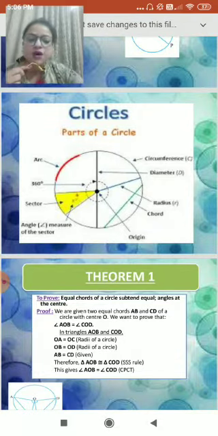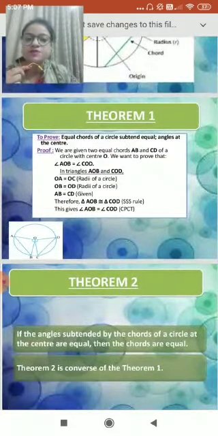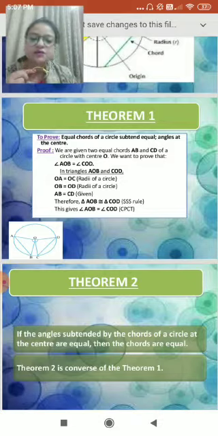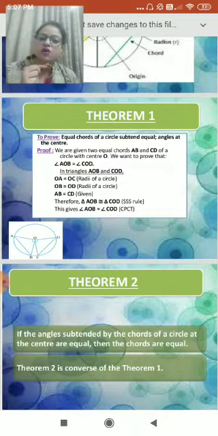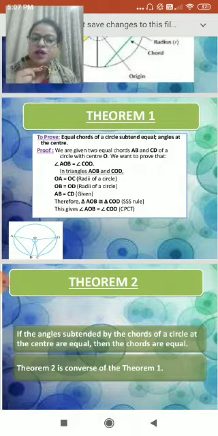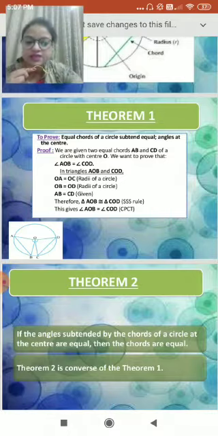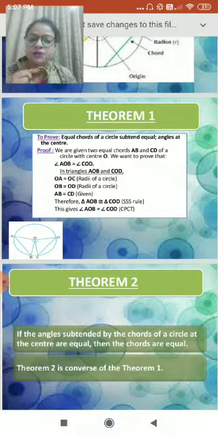Now let us quickly talk about the important theorems related to a circle. The first theorem: equal chords of a circle subtend equal angles at the center. The proof: we are given two equal chords AB and CD of a circle with center O. We want to prove that angle AOB is equal to angle COD. In triangles AOB and COD, AO is equal to OC, radii of a circle, and OB is equal to OD, radii of the circle.